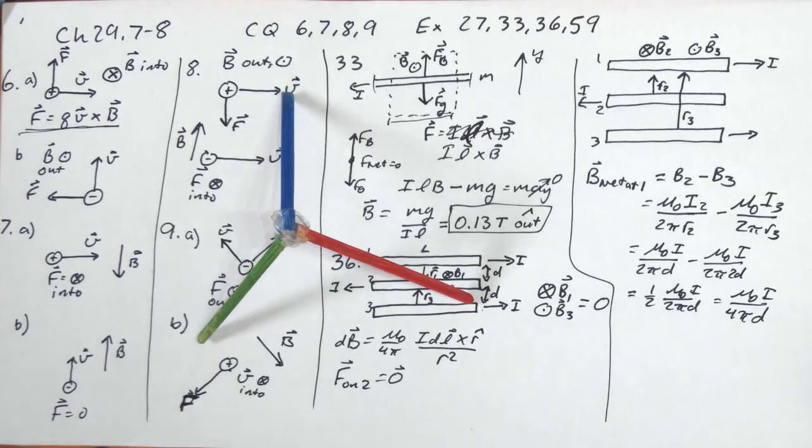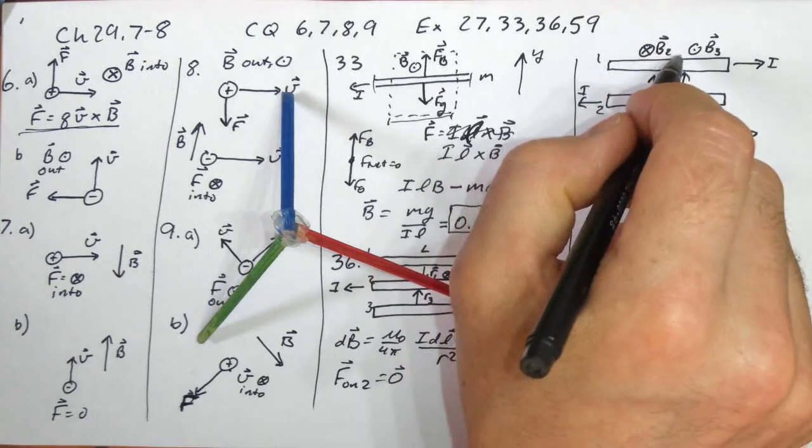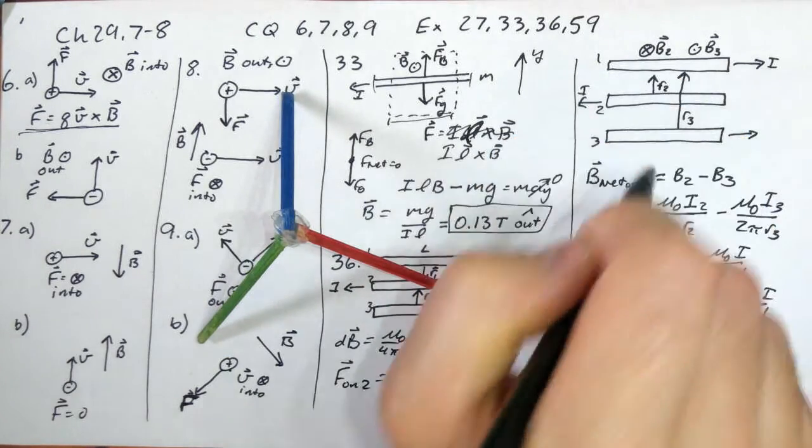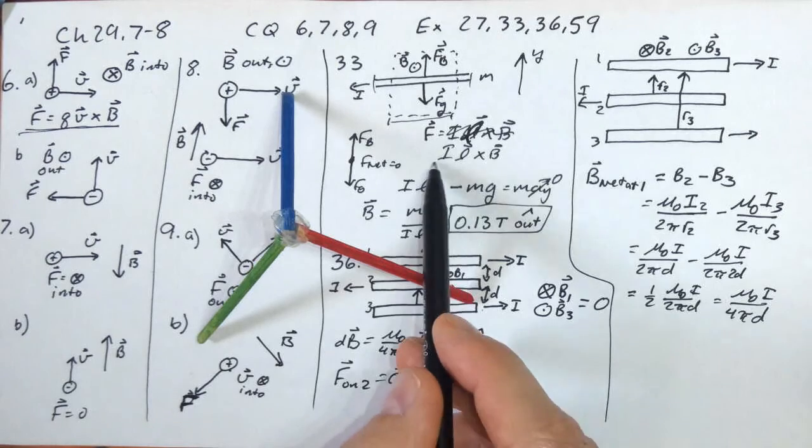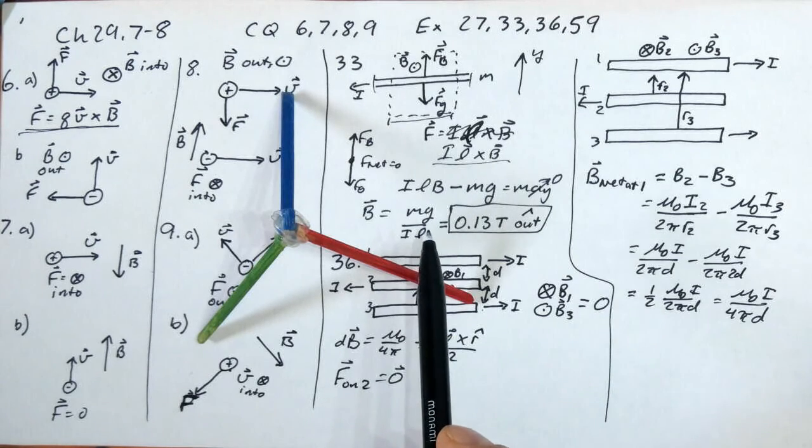Now notice we spent all that time just finding the field there due to these other 2 wires because we had to add them up vectorially. All right, now we can get to the point of what is the force. The force acting on a long straight wire is given by this equation, which we've already used.